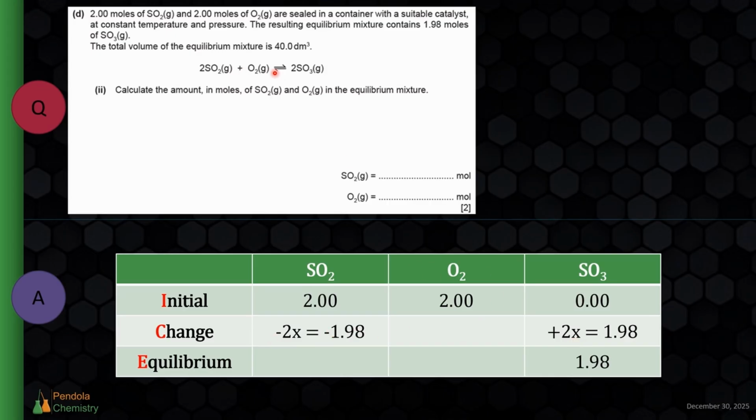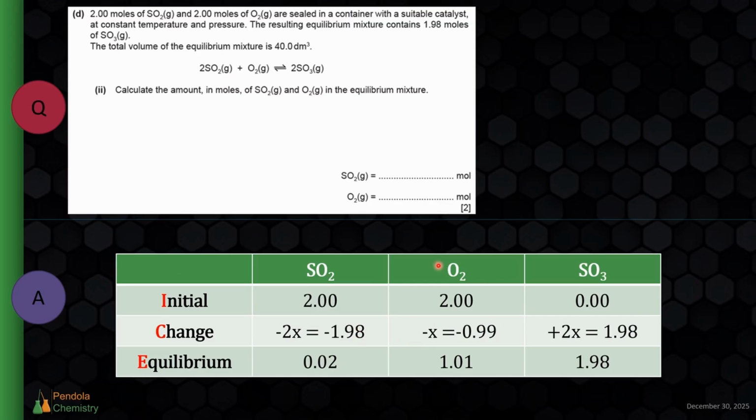And then for O2, because it's a reactant, it has to be negative. And because the coefficient is 1, it has to be negative 1x. So if negative 2x is equal to negative 1.98, then x is equal to 0.99, because we just divide by 2. And so negative 2x, negative 0.99. And then from there, we can figure out the equilibrium moles or the equilibrium concentration, depending on what we're using, based on the initial and the change.